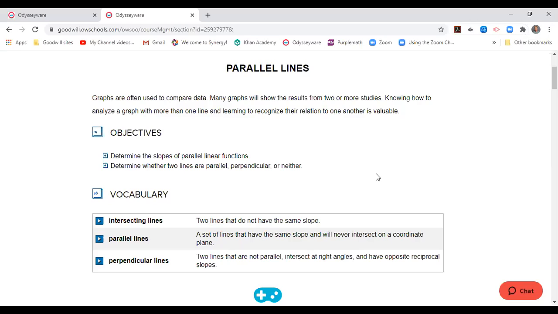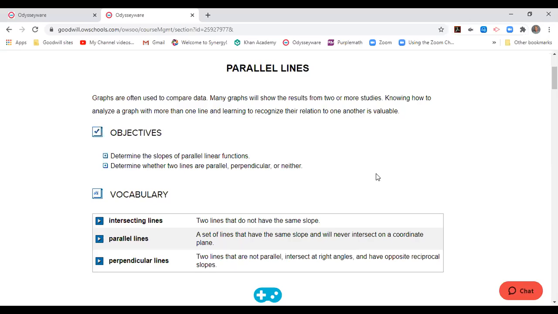Railroad tracks, classic example of parallel lines. The sides of a window, those are parallel. The edges of a street or the sidewalk, those are parallel lines. Every other type of line is going to be an intersecting line, because if they don't have the same slope, eventually they're going to intersect.